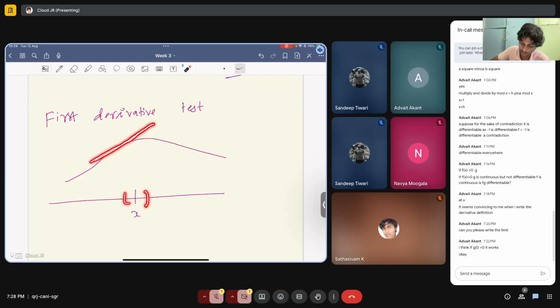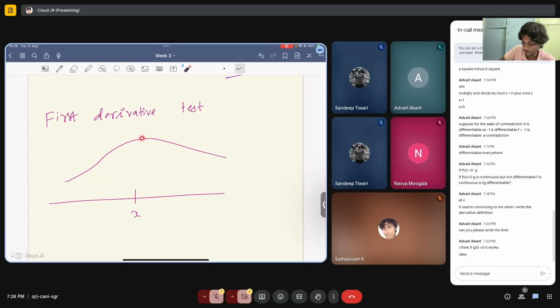The slope of this tangent is positive, right? But as it goes down here, the slope of the tangent becomes negative, right? So the slope keeps decreasing.